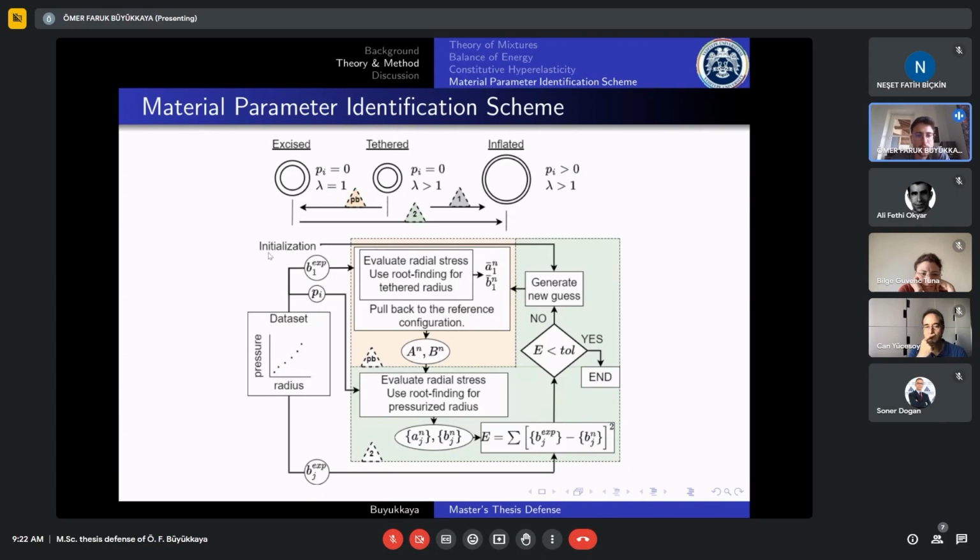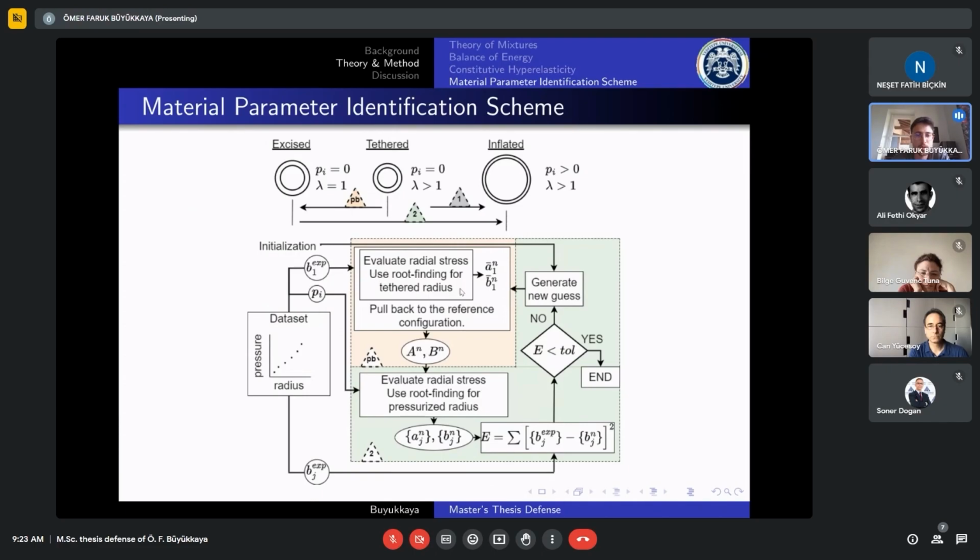It actually starts with the initialization by giving an initial guess. These guesses are very important since the hyperelastic material parameters are very sensitive to the initial guess.